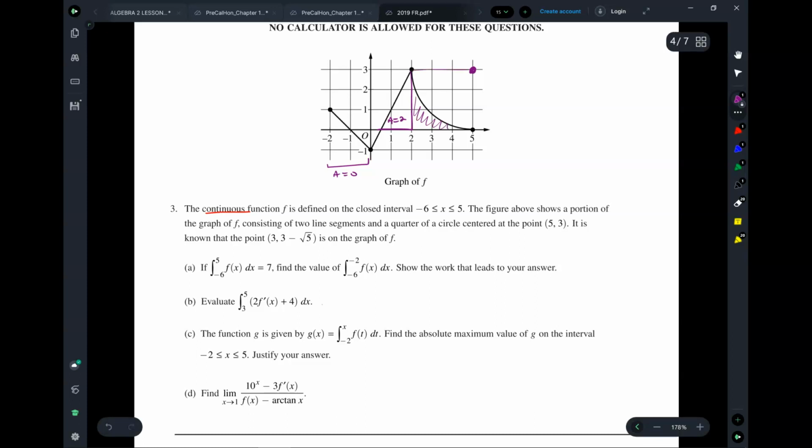Do you see how it's got to be that square minus the quarter of the circle? So the area here is the square minus a quarter of pi r squared. So this is equal to 9 minus 9 pi over 4. Cool?